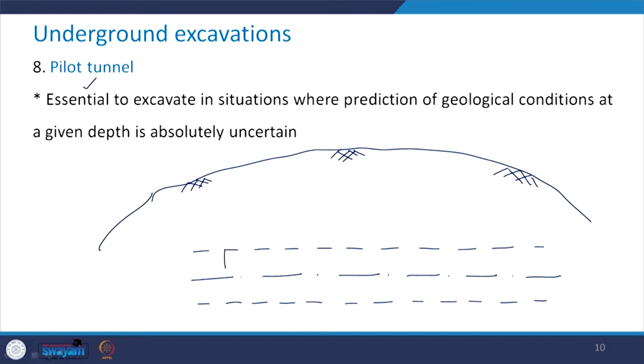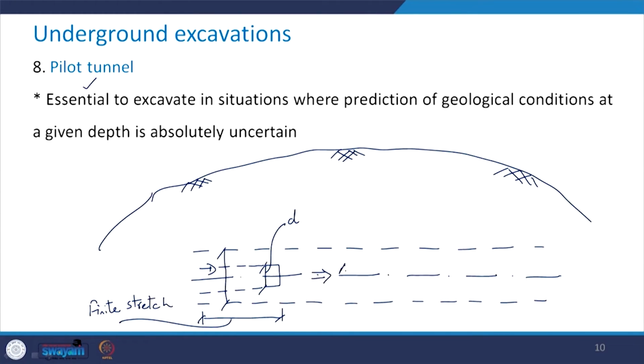This tunnel has a diameter of say capital D, and here you will have a small tunnel, say of the diameter small d, and obviously from here to here this is going to be the finite stretch, and this is the direction of the advance of the tunnel.